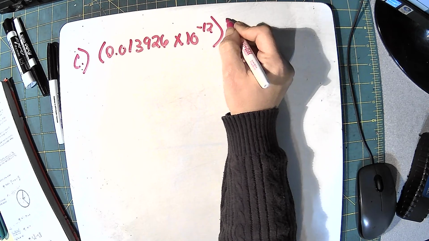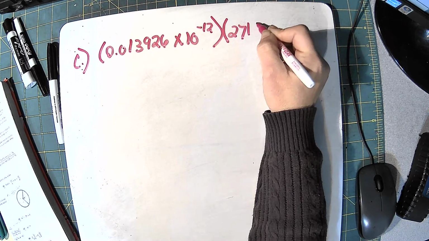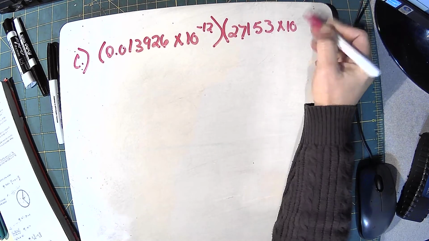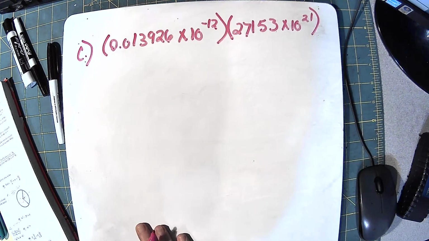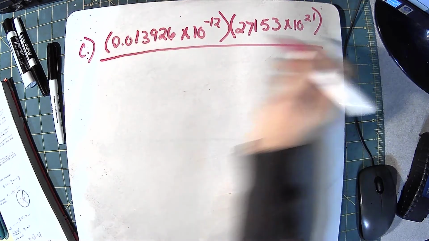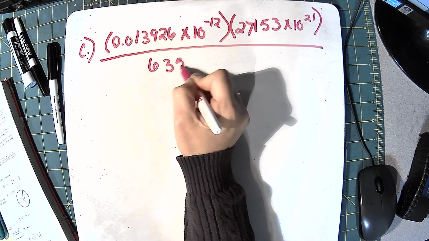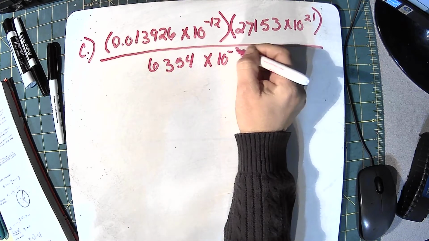Right, and that is times 27,153 times 10 to the 21st. And that is over 6,354 times 10 to the negative 31.